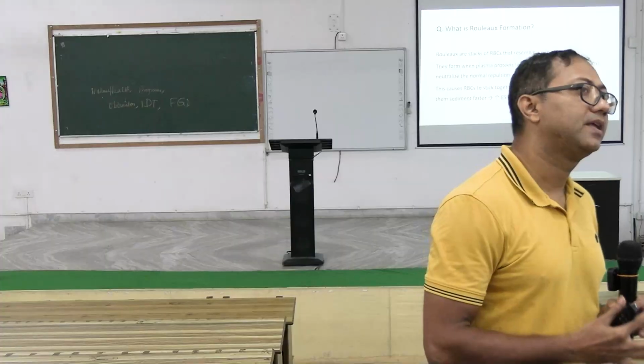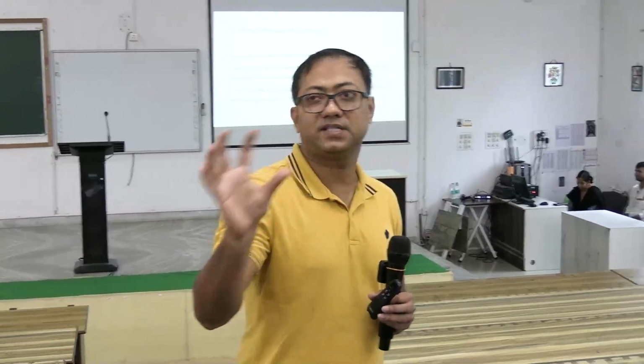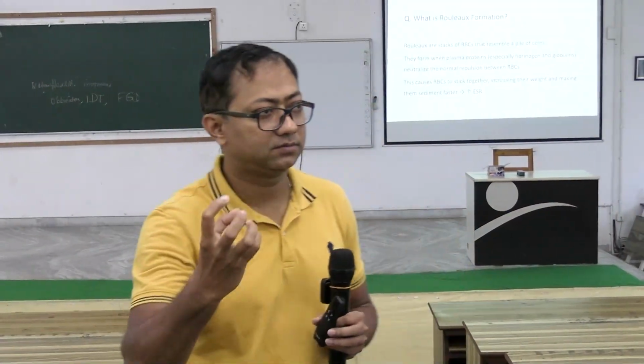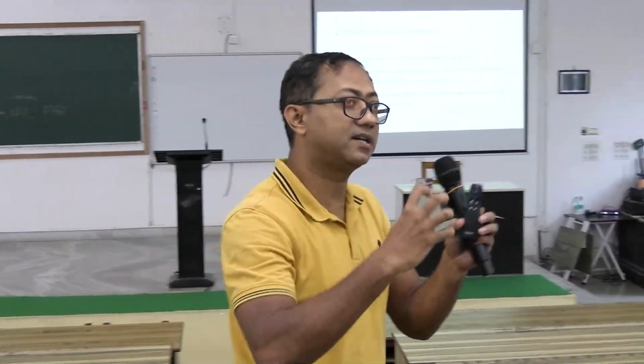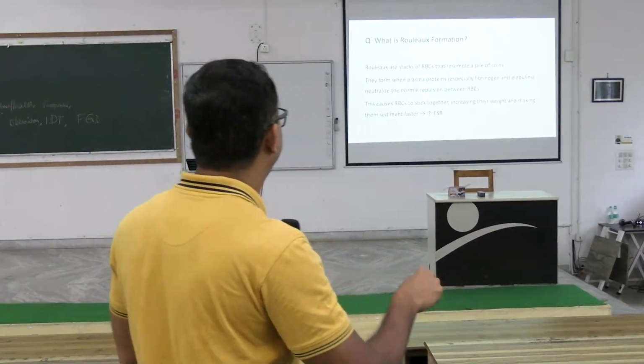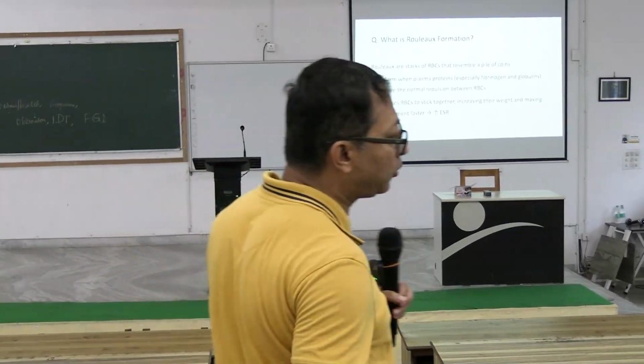তাহলে এখানে কি বললো? যে একটা আরবিসি আরেকটা আরবিসি কে রিপালশন করে নরমালি। ওকে, so due to their specific charge on the cell membrane, একটা আরবিসি আরেকটা আরবিসি কে নরমালি রিপালশন করে। But what happens when protein is increased? Okay, proteins like specifically fibrinogen, the most important protein here is fibrinogen, right? Fibrinogen and globulins.